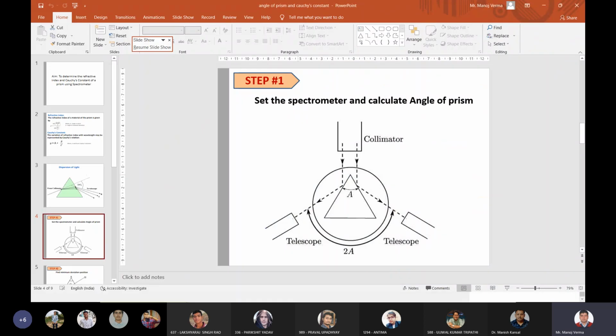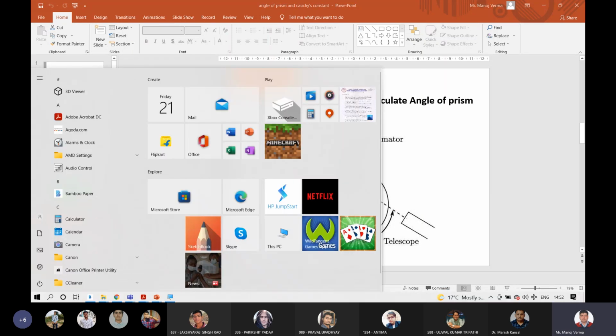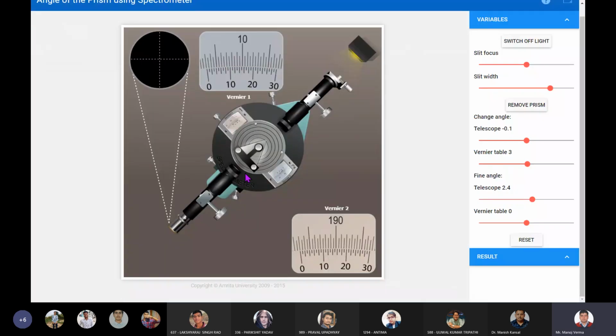See in this figure also, the edge of the prism is just in front of the collimator. That's why I was moving this prism table in this fashion.